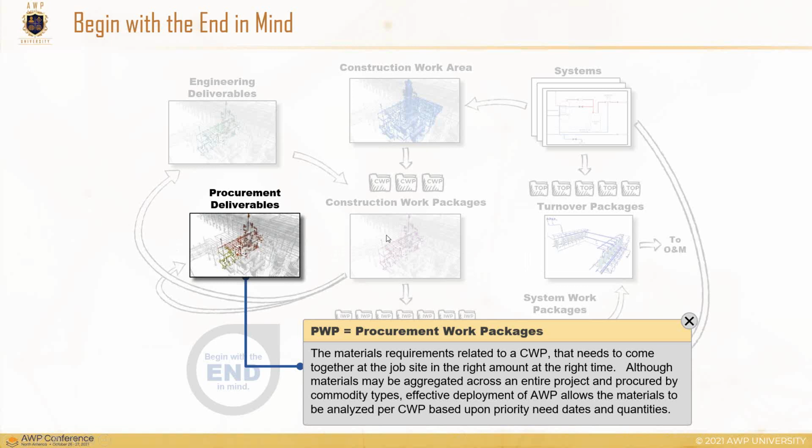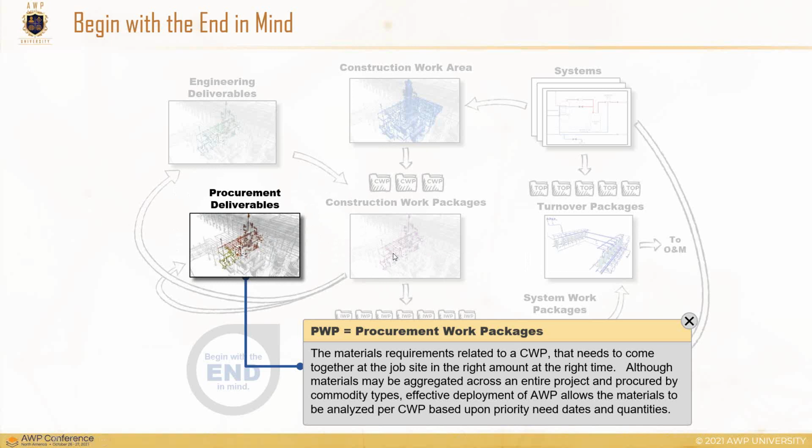It's more of a web, for obvious reasons of multi-use drawings, as we've talked about before. But those procurement deliverables are mapped to those construction work packages. Those groupings of data deliverables, again, are not a physical work package per se, as much as a grouping of data that needs to be tied as a constraint.